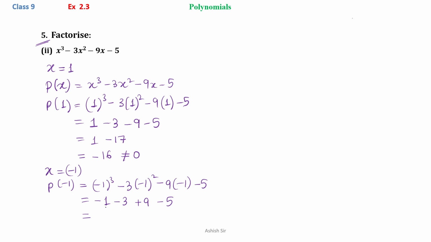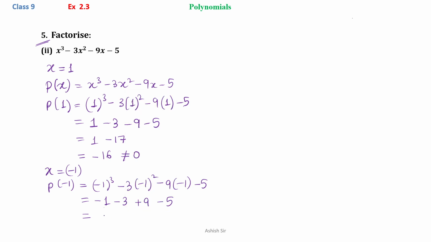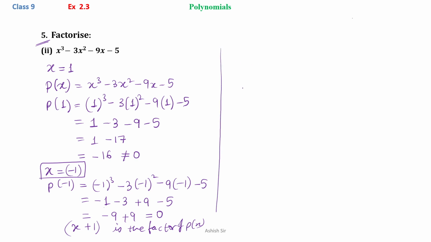Now if we see, minus 1, minus 3 and minus 5 all sum up to minus 9, plus 9. This equals 0. So that means x equal to minus 1 is a zero of the polynomial, and therefore x plus 1 is a factor of p of x. So we got one of the factors as x plus 1.